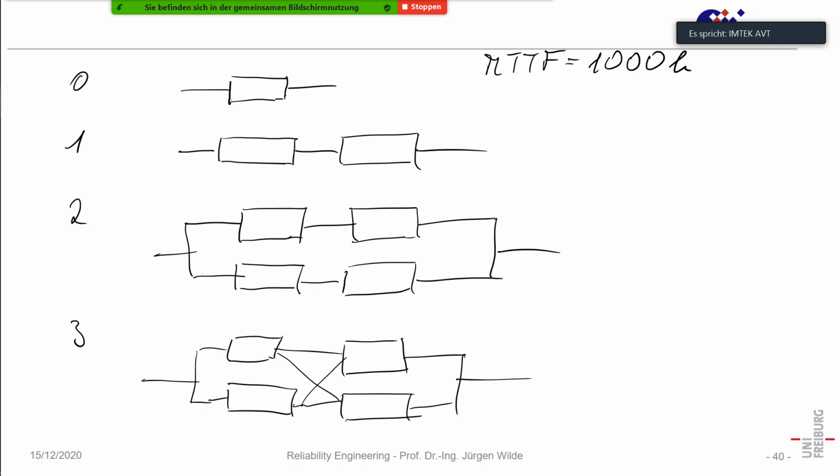How can we get the failure rate here? How much is lambda?